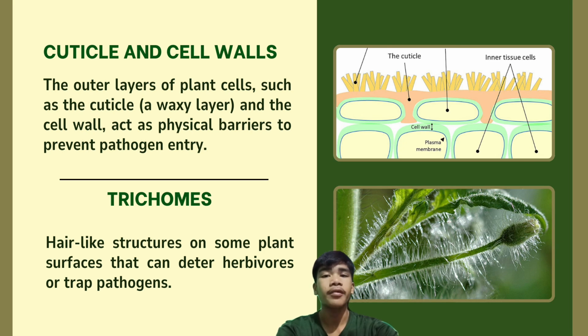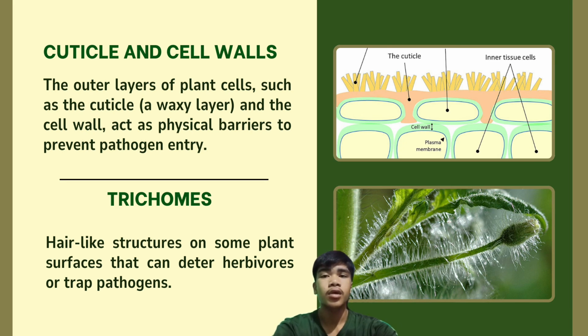The cell wall provides structural defense, detects pathogens, releases antimicrobial substances, and reinforces itself during infections. Together, they form a strong first line of defense, blocking pathogens and triggering immune responses when needed.